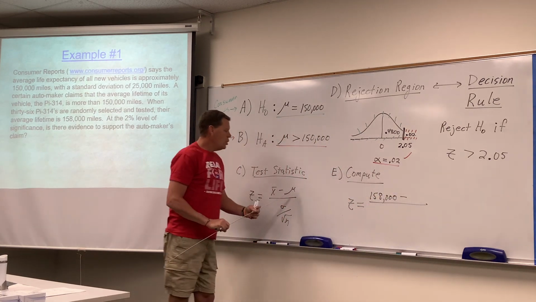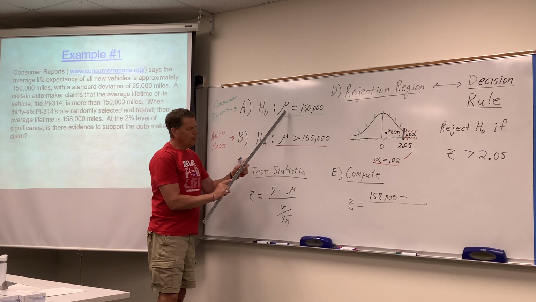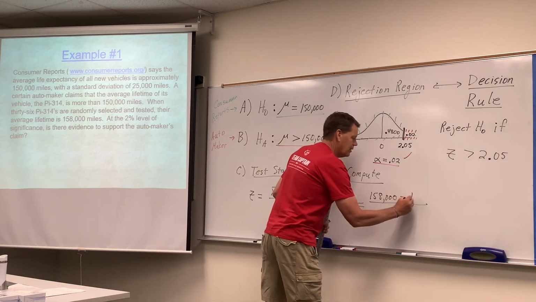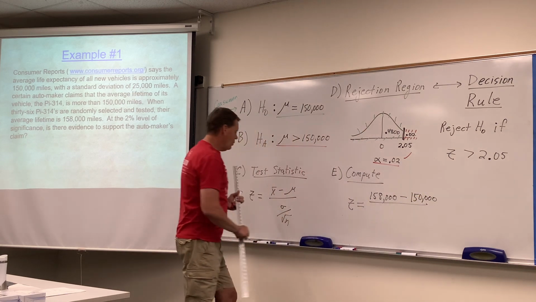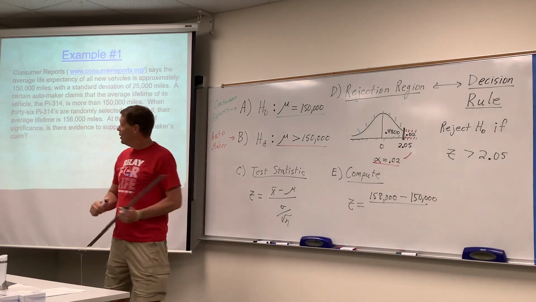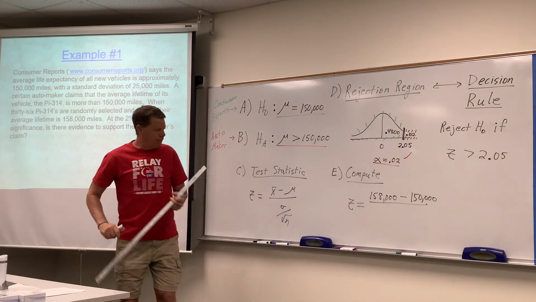Minus mu, that would be the mean that we're assuming is true for the entire population, the mu that was mentioned up here in the null hypothesis. Sigma, we've seen that before. That's the symbol for the standard deviation of a population, which would be this 25,000 up here in the first sentence.